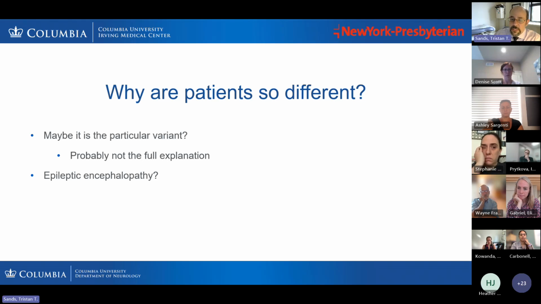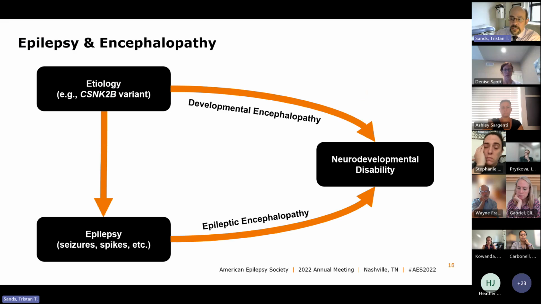What about the epilepsy? One possibility for some patients, and it's not true for most patients, but for some patients who are very severely affected, is that the CSNK2B variant, which is causing some degree of neurodevelopmental disability on its own, is also causing epilepsy.